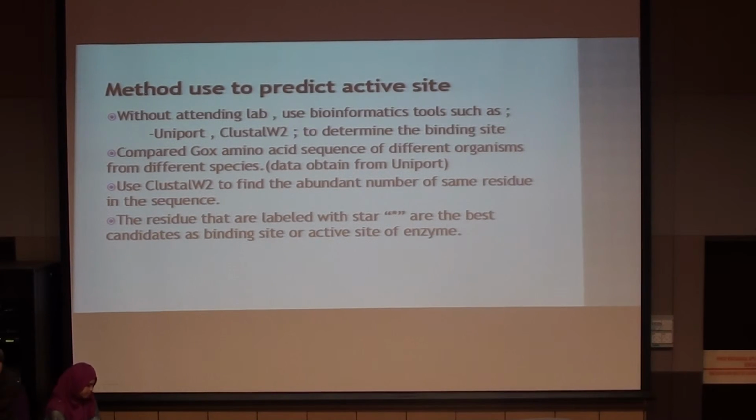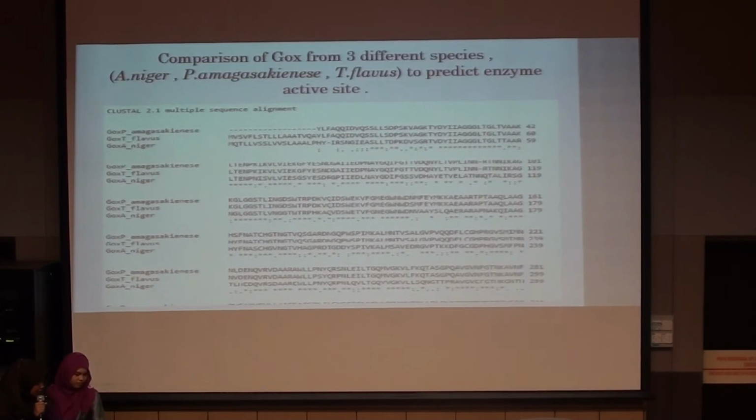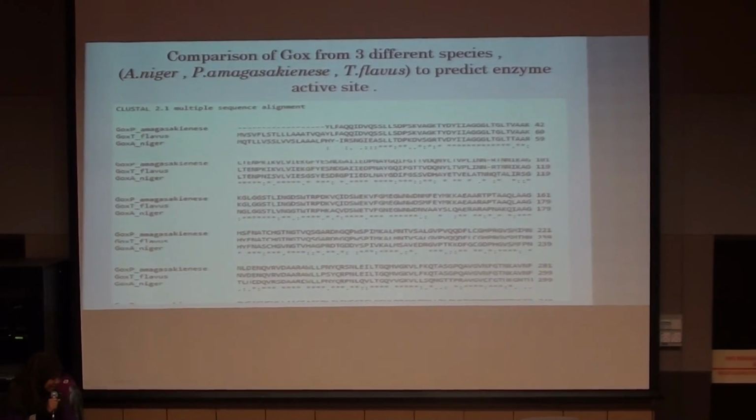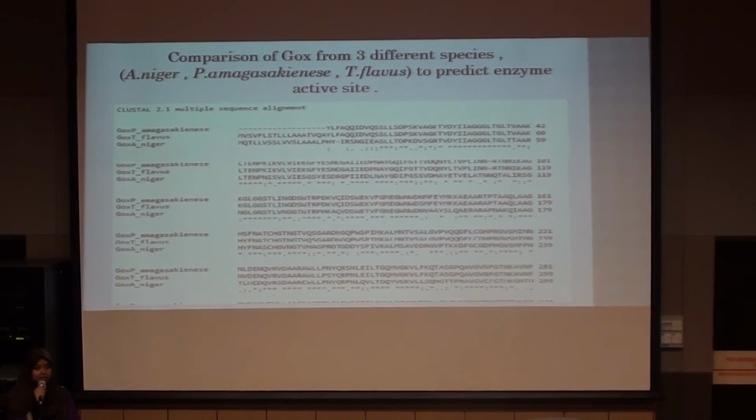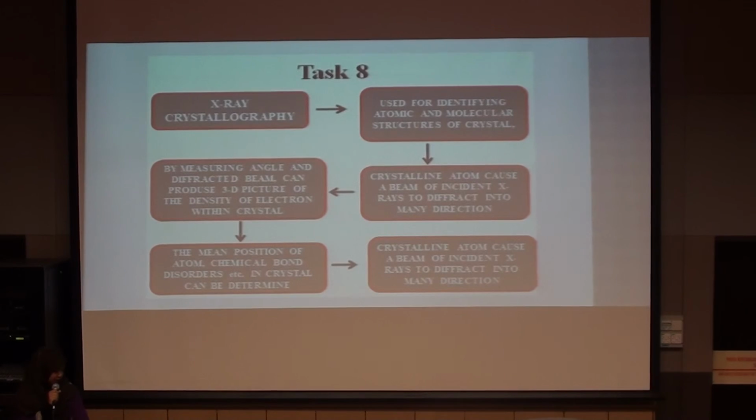These bioinformatic tools can compare the amino acid sequence of different organisms. Okay, so the star level sequence is the highly candidate for the chosen active site or binding site of an enzyme.